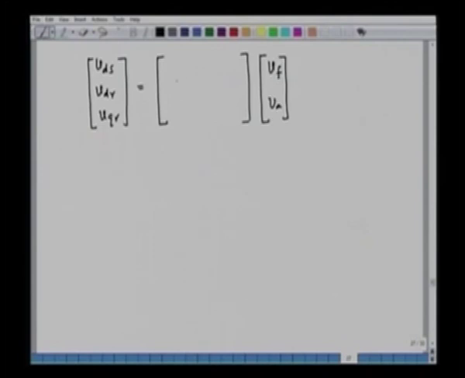So, we will have here 1 and 0, VDS equal to VF, VDR is VA cos alpha, VQR is VA sin alpha. So, this is our matrix which relates the primitive variables. This is V primitive here, and this is the V actual.